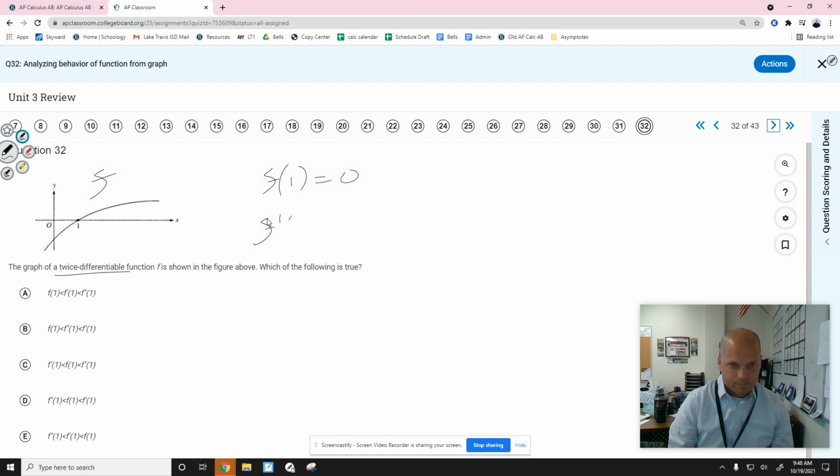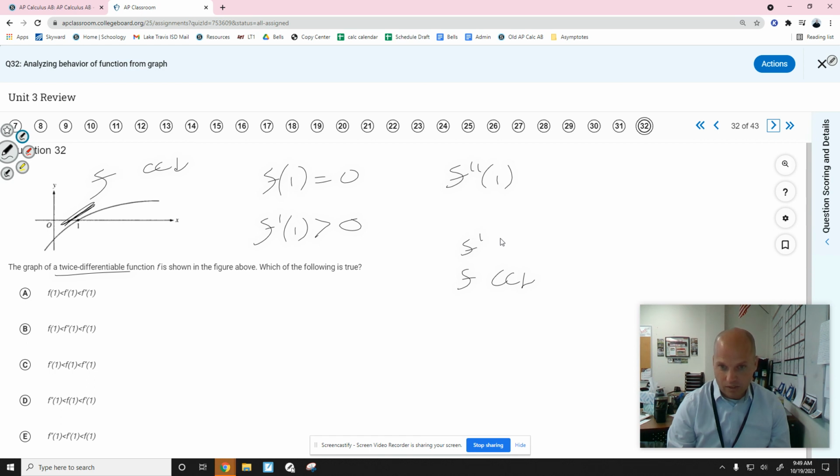F prime, obviously f prime is some positive value. That's the slope of a tangent, right? F double prime. Well, f is concave down. If f is concave down, f prime's values must be decreasing, or more importantly, f double prime's values must be negative.